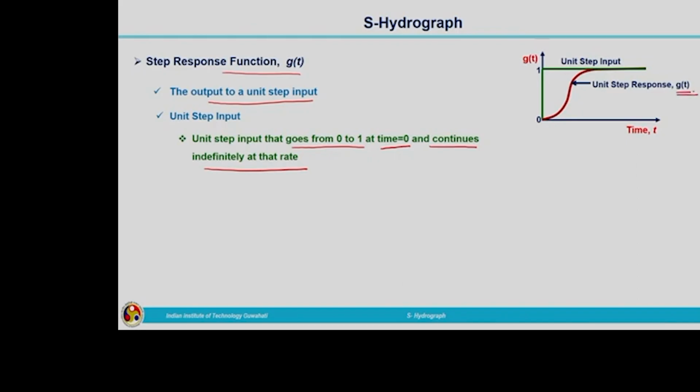The response of the system to the unit step input is represented by the unit step response function, g of t. In the case of the unit hydrograph, the catchment was experiencing 1 centimeter of pulse input within a duration of 0 to delta t, or the specified duration D. At any other time, the input value is 0. Corresponding to that pulse input, the response of the catchment is represented by the unit hydrograph.